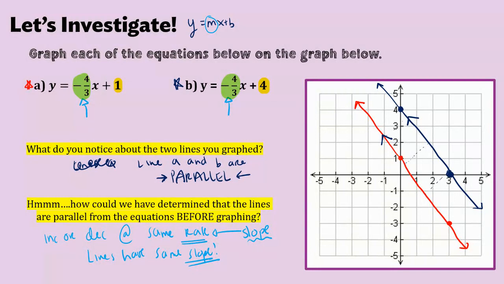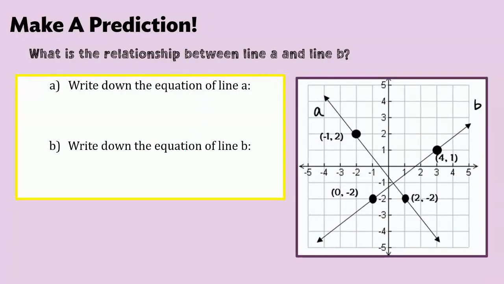Okay. Well, what about these two lines? These two are not parallel. We might make an assumption, like maybe I'm going to assume that they're perpendicular. Can I assume that? Do I know that they're perpendicular? Is there a way for me to find it out?